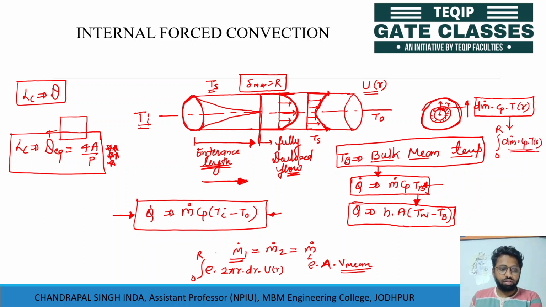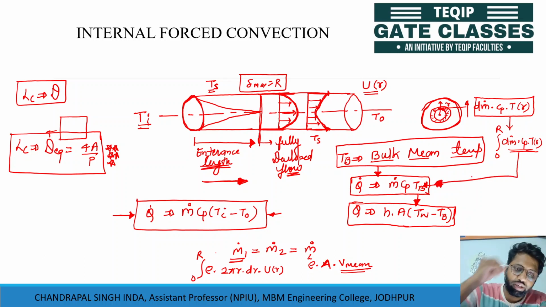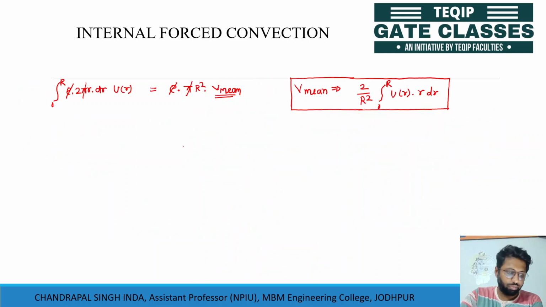By integrating this we are going to put it equal to this, and then we are going to find the mean value of the temperature, that is the bulk mean temperature.